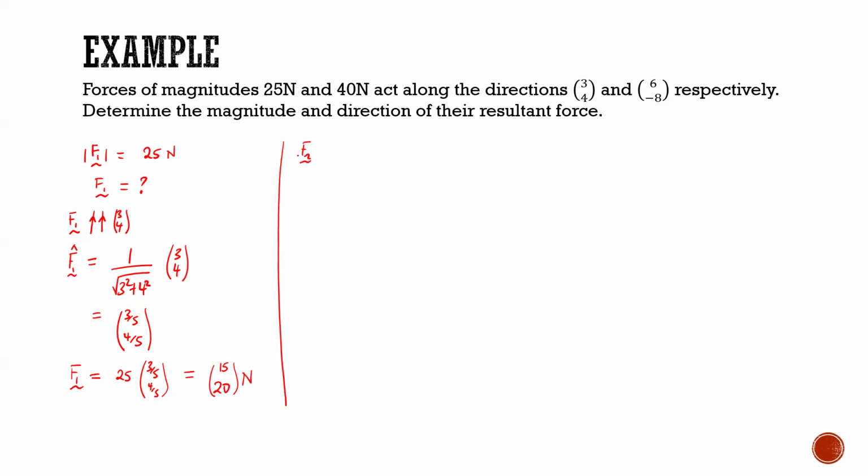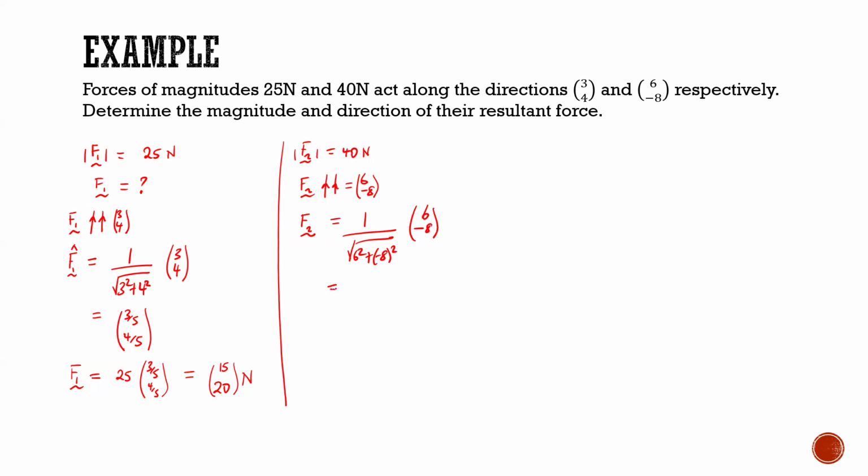A similar thing can be done for F2. Magnitude is 40 newtons. We don't know what it is, but we know that it is parallel to 6, negative 8. And so the unit vector of F2 is in fact the unit vector of 6, negative 8. We go ahead to work that out.